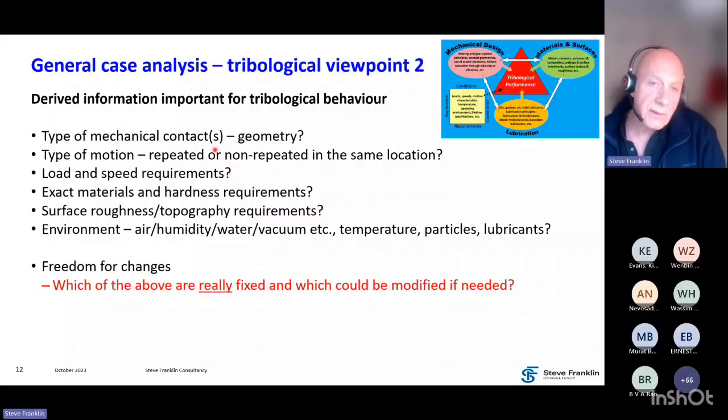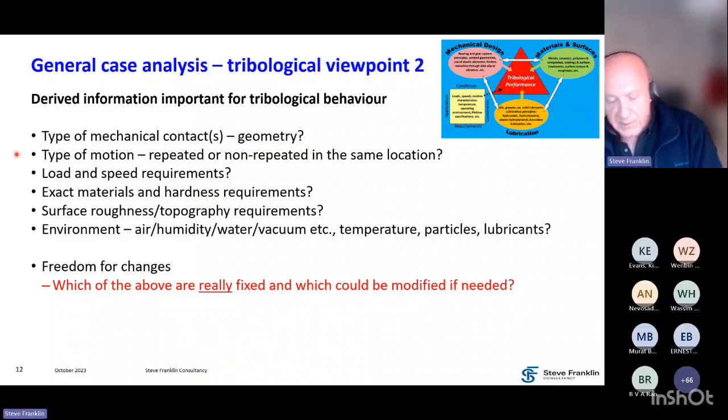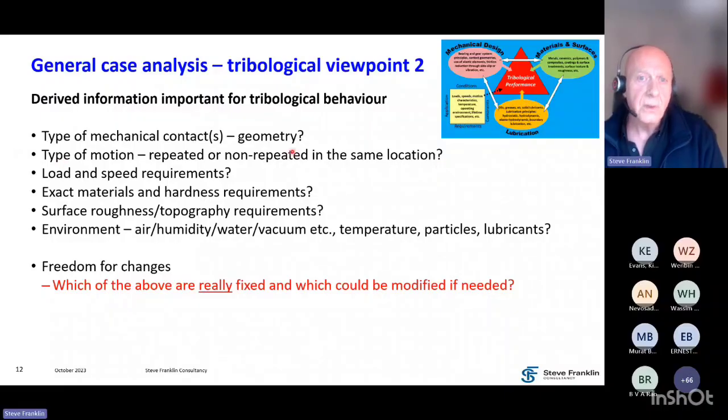And in other cases, in a lot of bearing applications, you're repeatedly moving over the same area. This is important in connection with transfer of material from one surface to another, whether that's important or not, and formation of tribofilms on one surface or the other or both surfaces. These all affect the friction and the wear behavior.